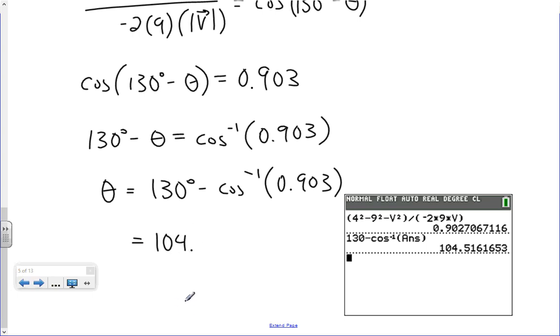All right, and that was a little bit more work than what they asked us for in this problem, but that at least shows us how we can come up with our direction again if we're looking for that.